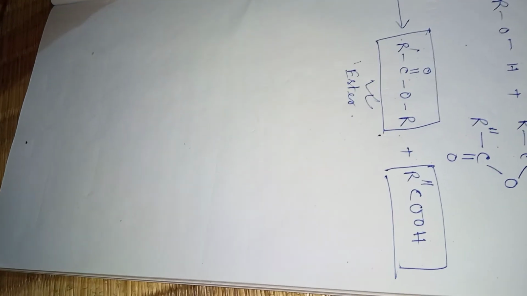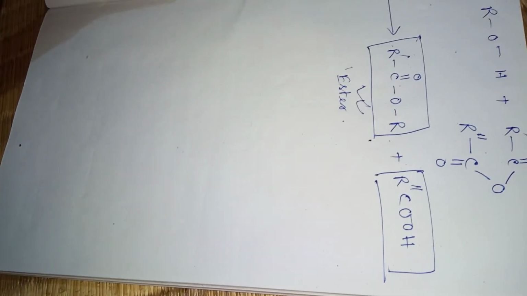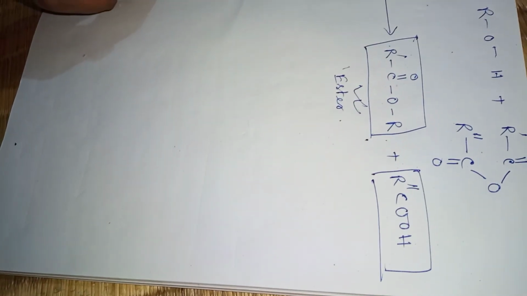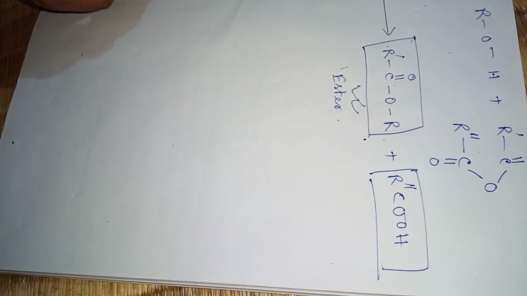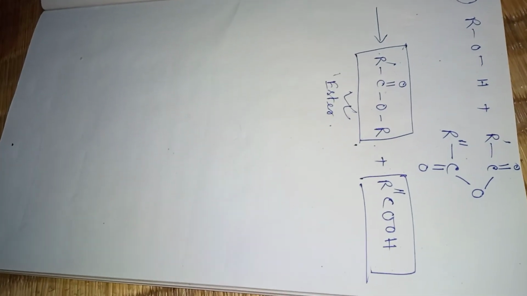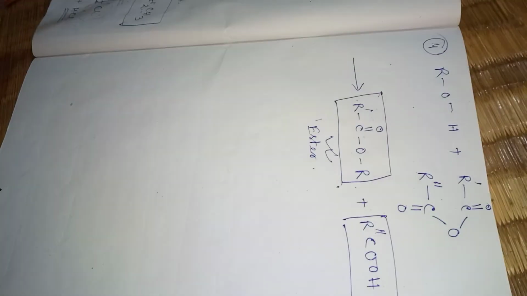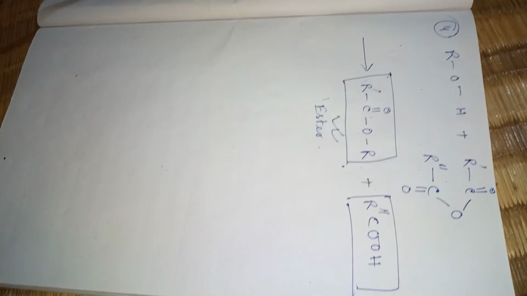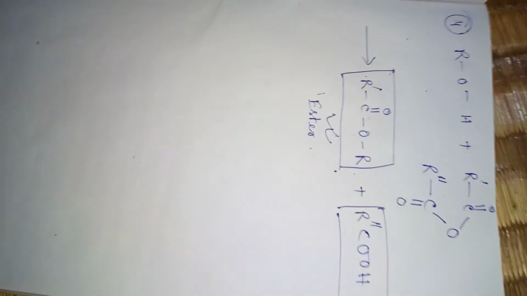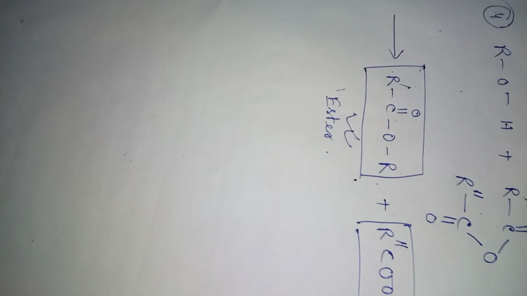One is when alcohol is reacting with the acid in the presence of concentrated sulfuric acid. Water will be removed to give the ester. This is mainly called the esterification reaction. In another case, an acylation reaction takes place, that means the acyl group is there with chlorine. This is called acyl chloride. If this R is CH3, then we call it acetyl chloride.